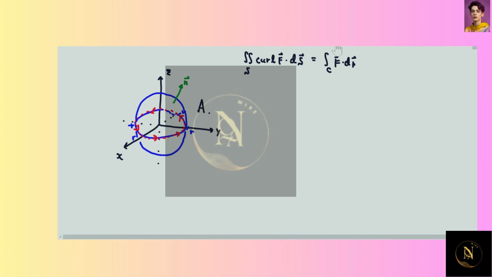Now the normal vector is heading downwards when we go outwards. We know that because this is the bottom half, the normal vector is going to be exactly in the opposite direction. And when we want to do that, of course, C is also going to go in the opposite direction because of the cross product.